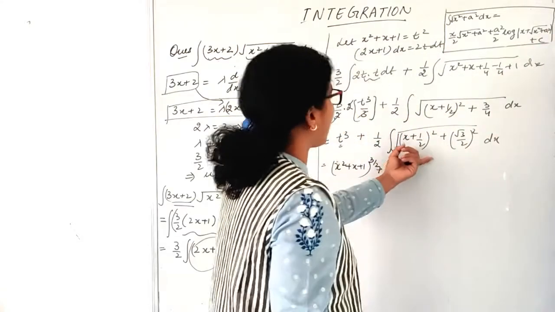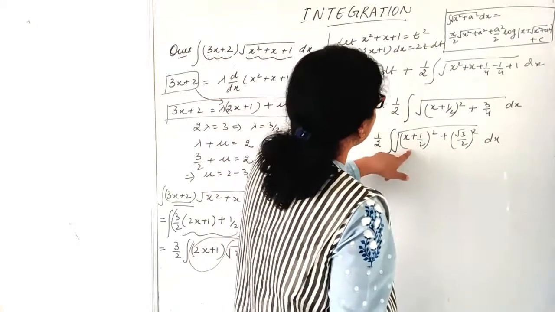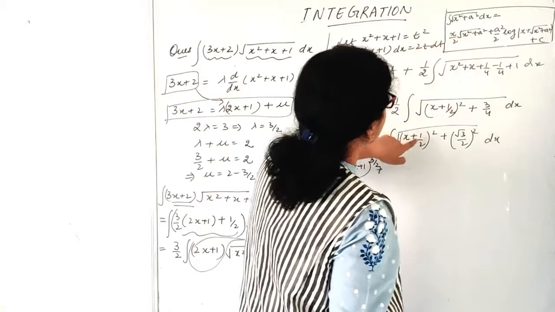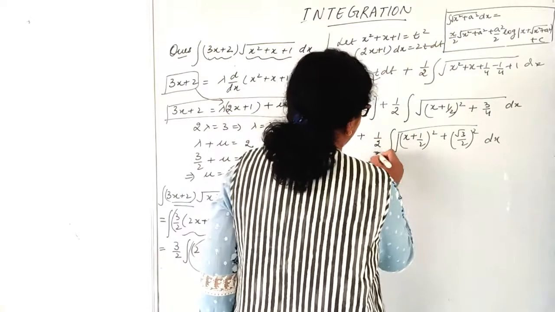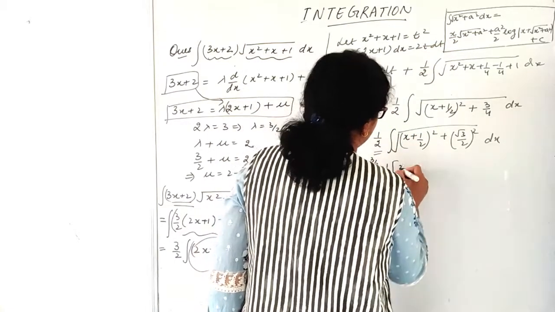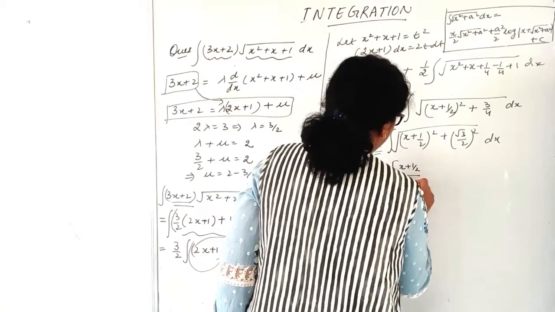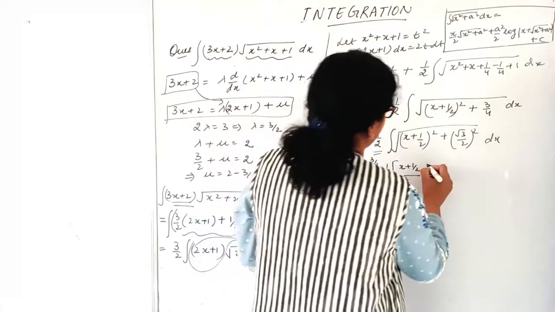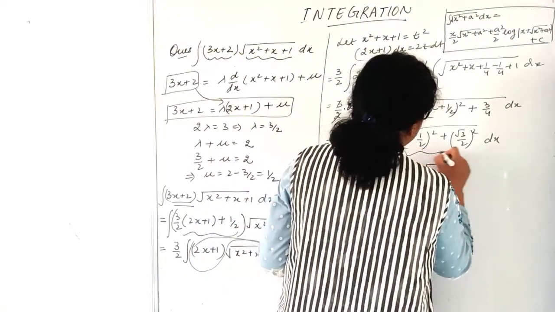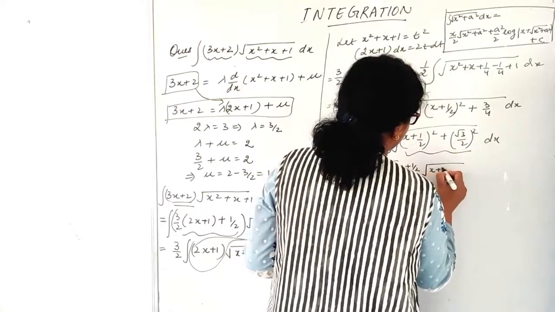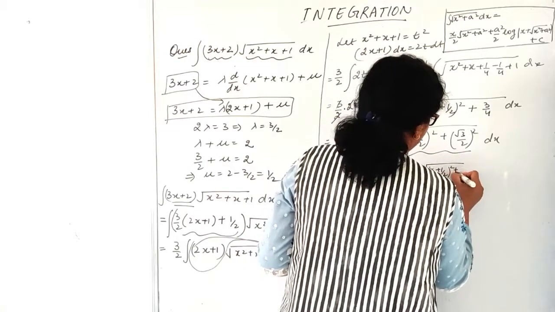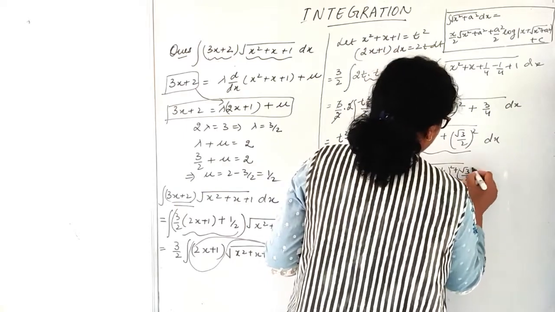Same thing we are going to apply in this. So wherever x is there, it will be replaced by x plus 1 by 2. Okay. So copy 1 by 2 as it is. So x plus 1 by 2 upon 2, right? Root x square plus a square whole form will come. So x plus 1 by 2 square plus root 3 by 2 square.